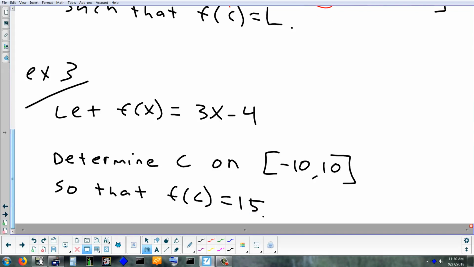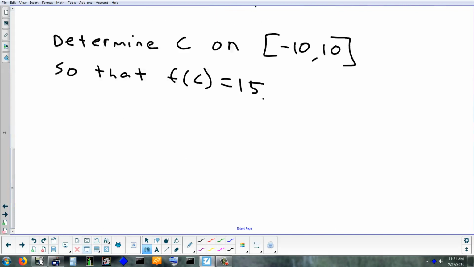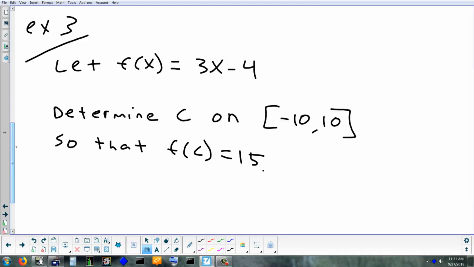So let's start with our low value, negative 10. Let's plug in negative 10 to my function, and let's see where the temperature of the water is starting. Okay, let's see what our y value is starting at. Then we'll see what our y value is ending at. And as long as it starts below 15 and it ends above 15, it'll hit 15 somewhere.